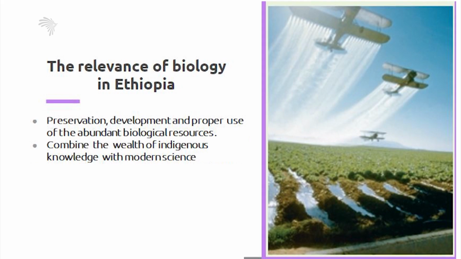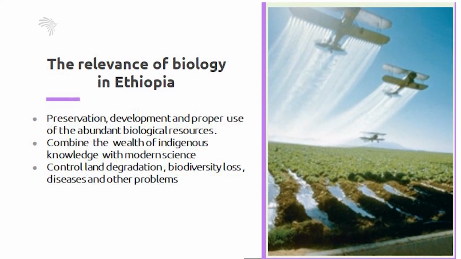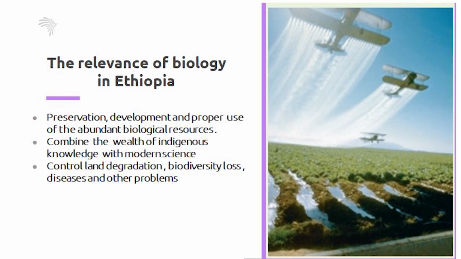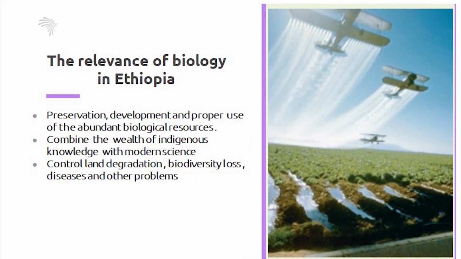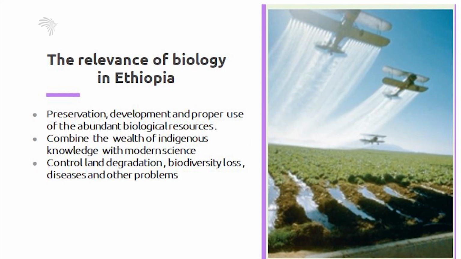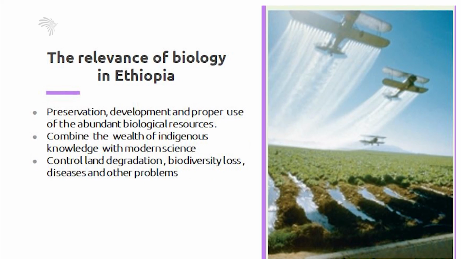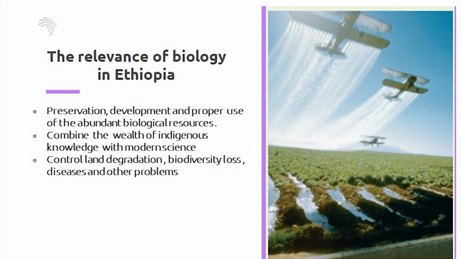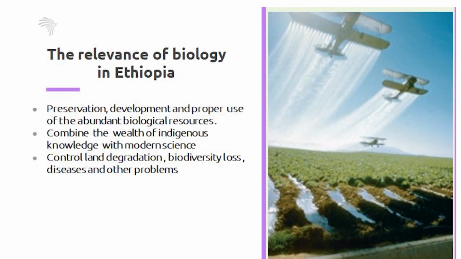Another relevance of biology in Ethiopia is controlling land degradation. We have mentioned earlier, land degradation is a common feature in Ethiopia. Nowadays, we have seen a lot of tree planting at this time. That is a good step for controlling land degradation. Not only the land is degraded, but a lot of biodiversity loss connected to this will appear.